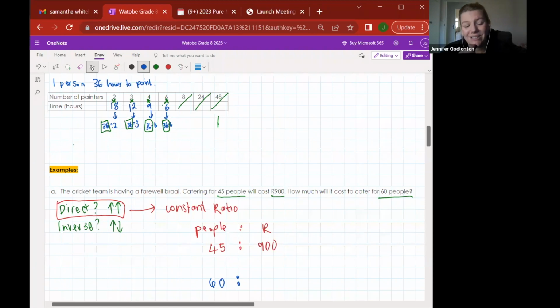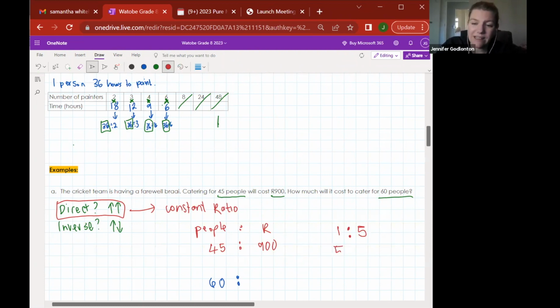Okay, so just be careful. We're not doing constant product here. So this is not inverse. This is a constant ratio. So think about how ratios work. I'm going to do an example here of a ratio. If I had an example of 1 to 5, that's a ratio.